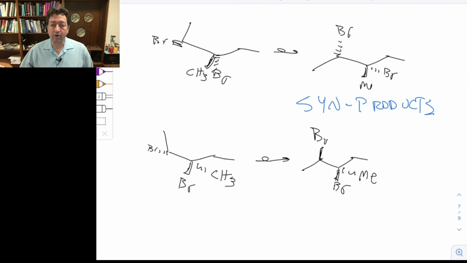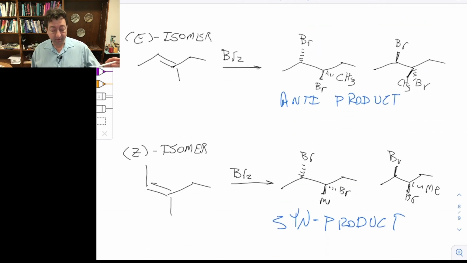So maybe if we look at all of these reactions together on these two different isomers, we can summarize what these results show us. So here, if we start with the E isomer, we only get what we call the anti-product. We get a very specific product based on the stereochemistry of the outcome. And the other isomer that we start with, the Z isomer, leads again to a very specific stereochemical outcome. In fact, the two products are diastereoisomers with respect to each other, the syn versus anti-products.